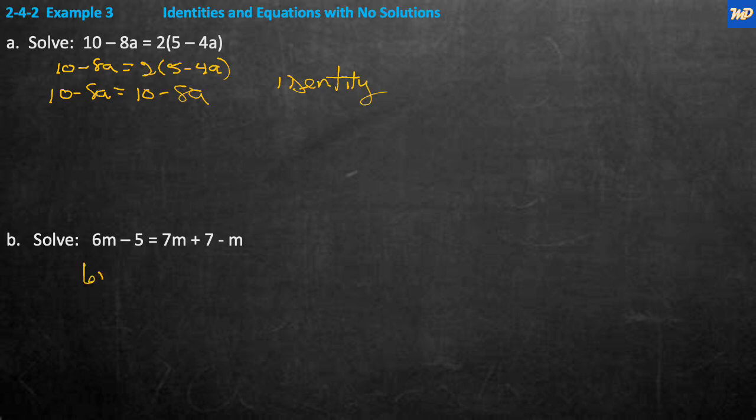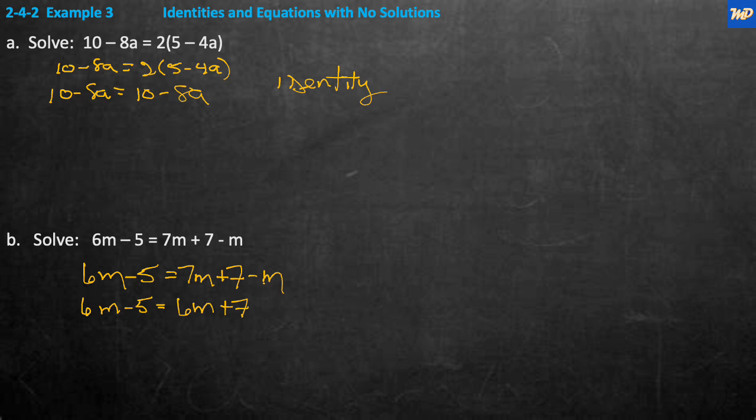6m minus 5 is equal to 7m plus 7 minus m. Okay, so let's combine the m terms. So we're going to have 6m minus 5 is equal to 7m minus 1m is 6m plus 7.